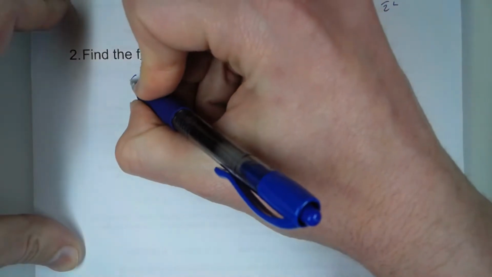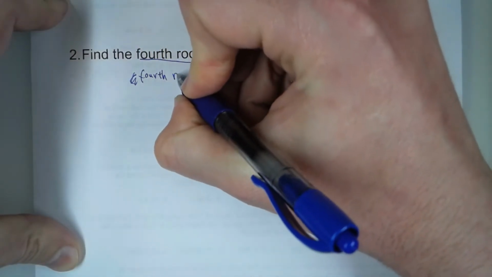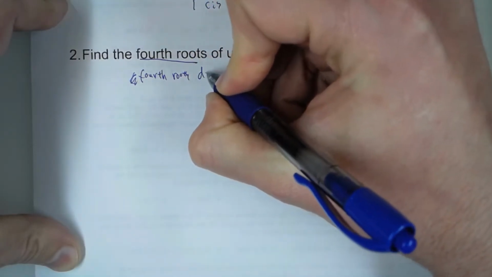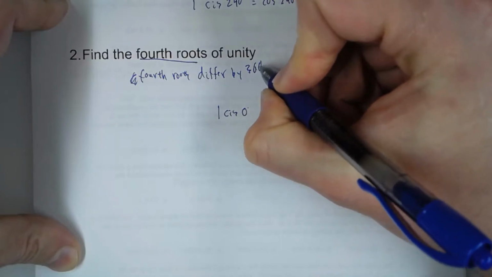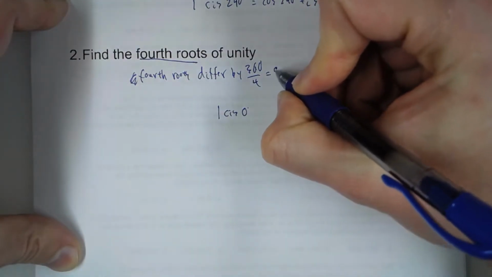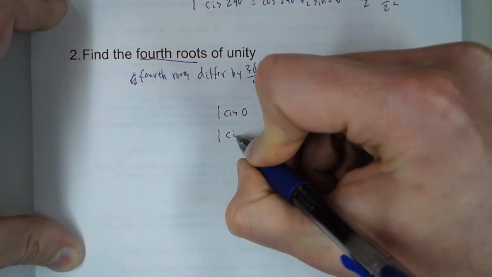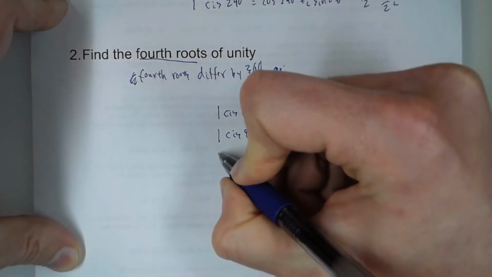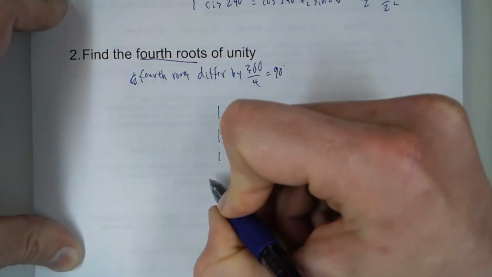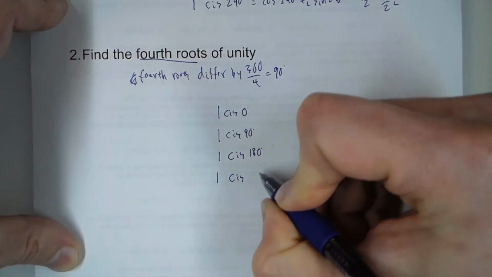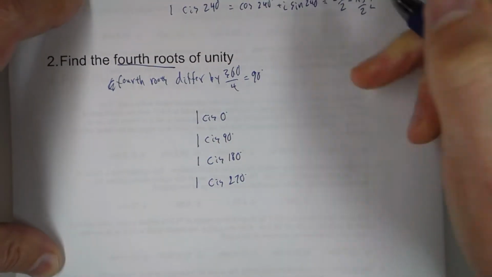Thing to remember is that 4th roots differ by 360 over 4, which is 90 degrees. So if I add 90, I get 1 CIS 90. If I add it again, I get 1 CIS 180. And once more, 1 CIS 270.